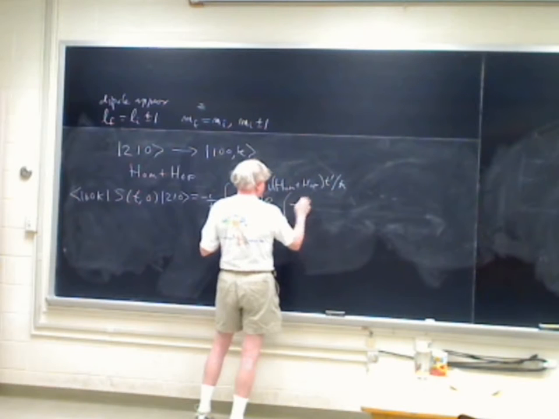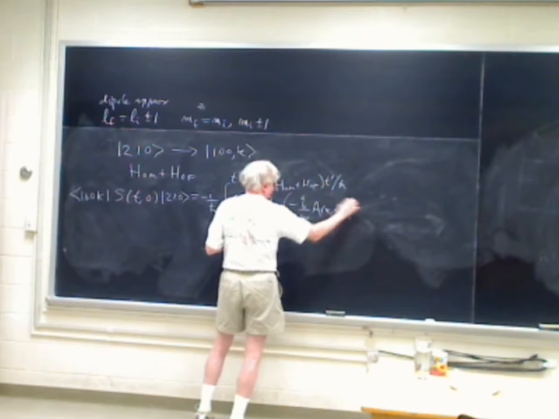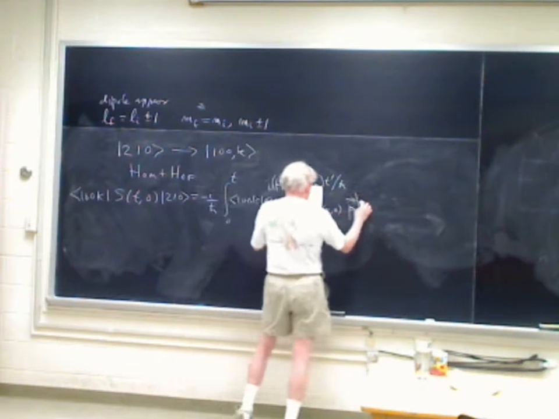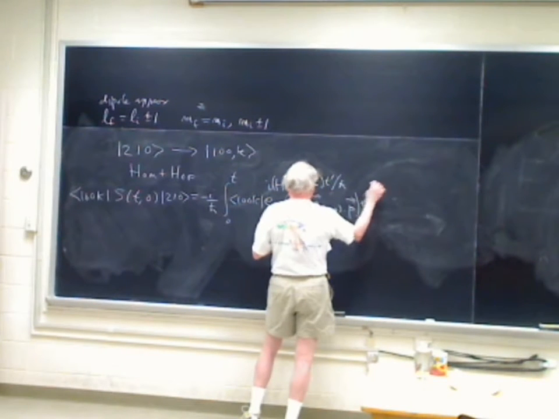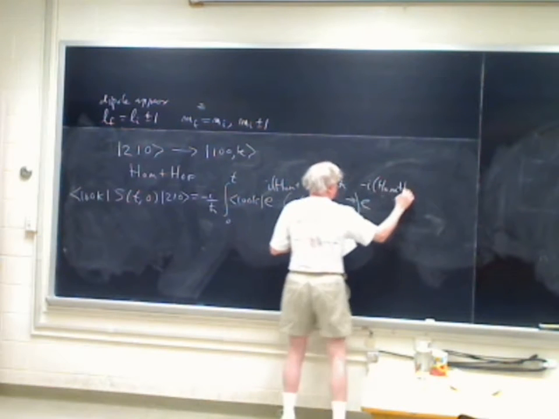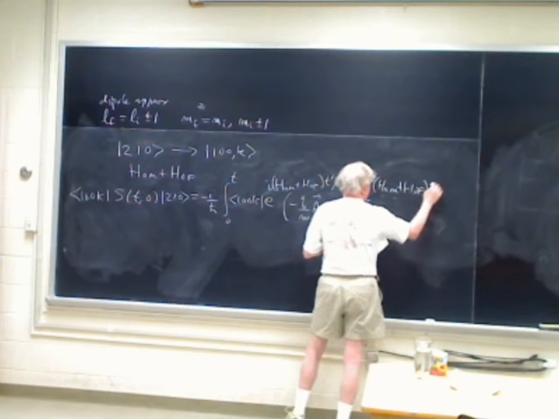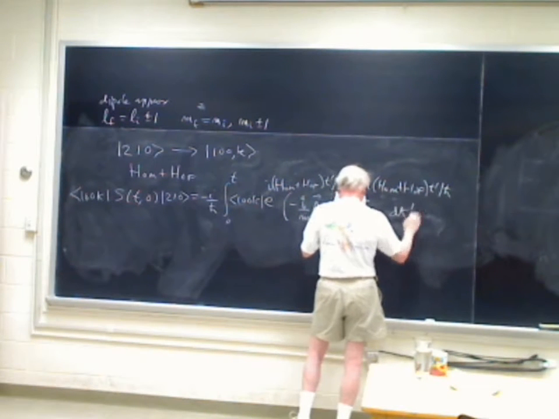The potential is minus e over m, A(x,0) dot p. And then, wow, big typo here. Big typo. e^{-i(H0m plus H0f)t'/h bar} dt'.